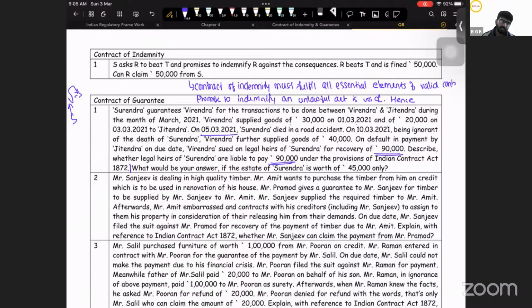So only up to the extent of 45,000 rupees will they be liable if the assets are worth 45,000 only. This will be your answer.